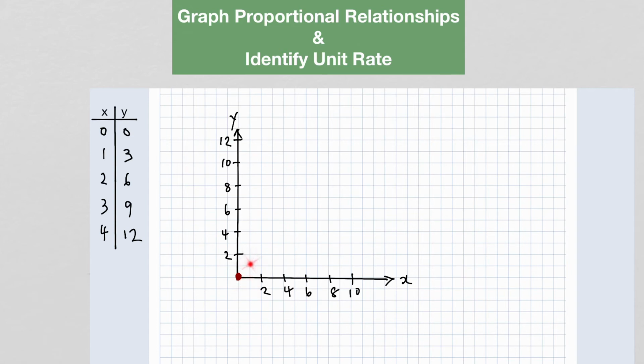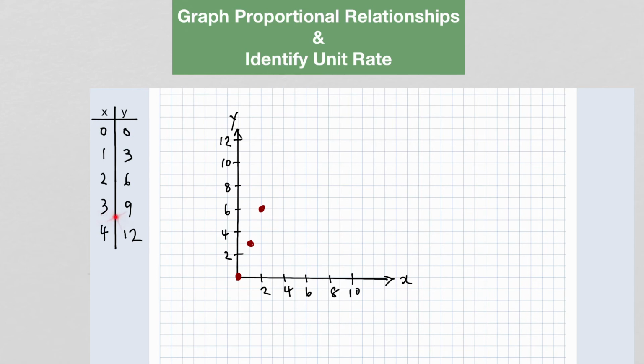So 1, 2, 3. So we plot a point there. Next is 2, 6. So we're going to go 2 on the x-axis and then go up to 6. 2, 4, 6. That lands us right here. So plot a point there.